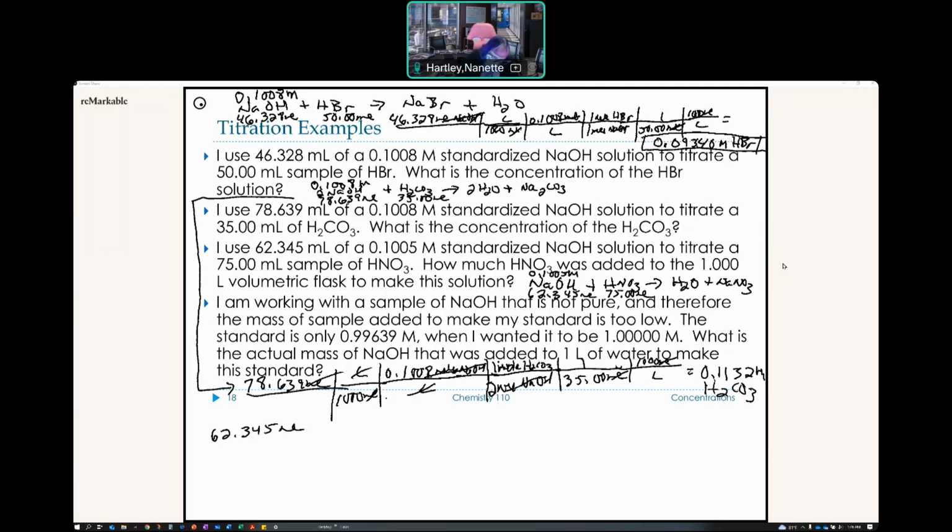So 62.345 milliliters of NaOH, 1,000 milliliters per liter. Cancel that unit out. I know that I have 0.1005 moles of NaOH per liter. Cancels the liters out.